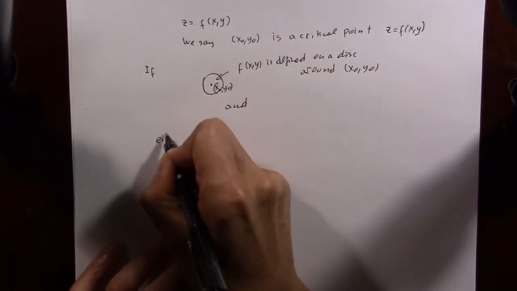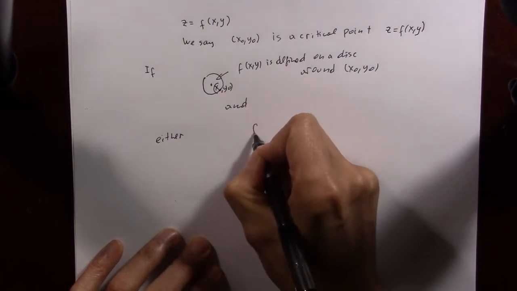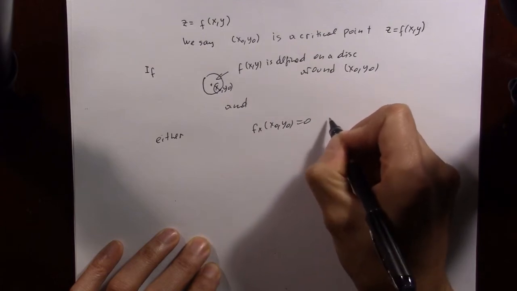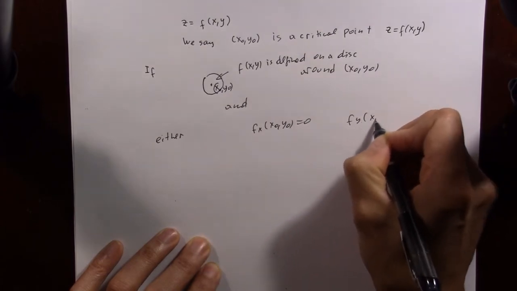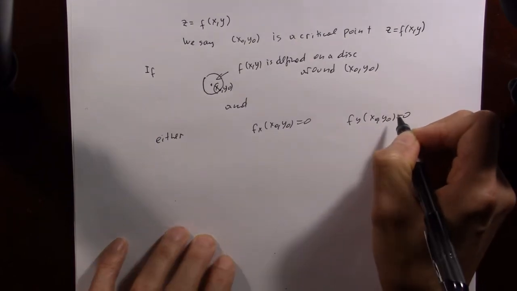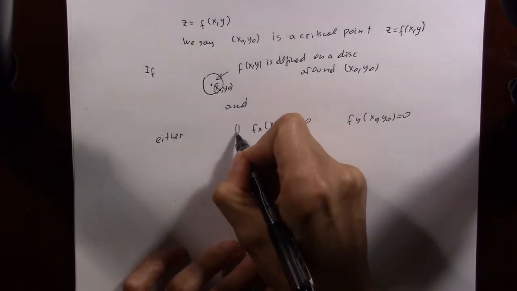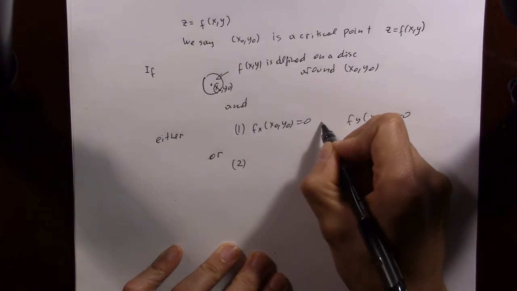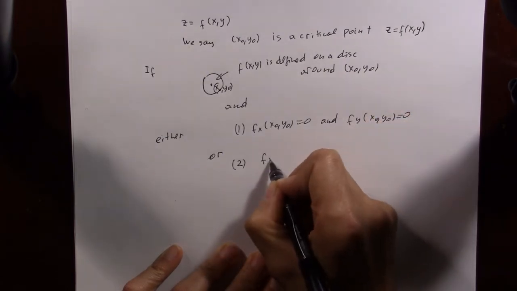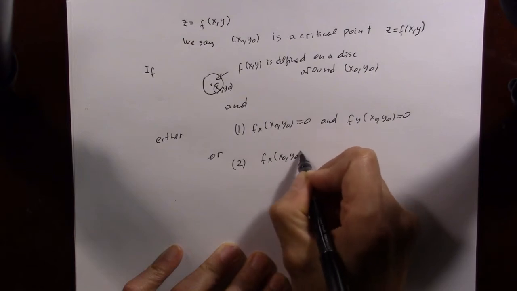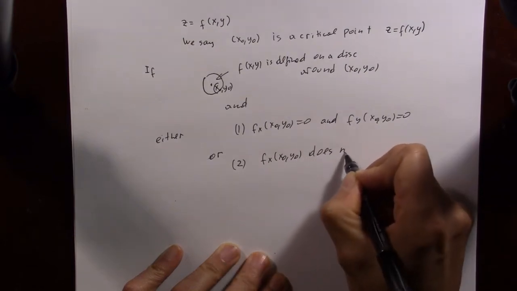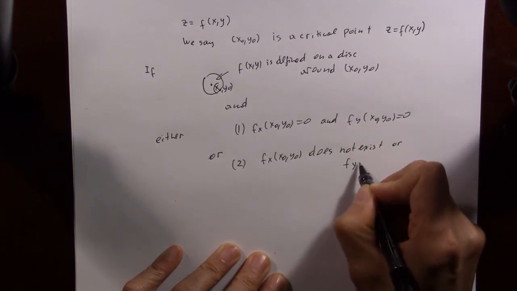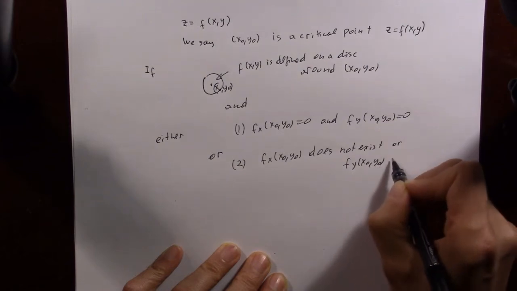first, either derivative with respect to x at a given point equals 0, and derivative with respect to y at x0, y0 equals 0, or partial derivative with respect to x at x0, y0 does not exist, or partial derivative with respect to y at x0, y0 does not exist.